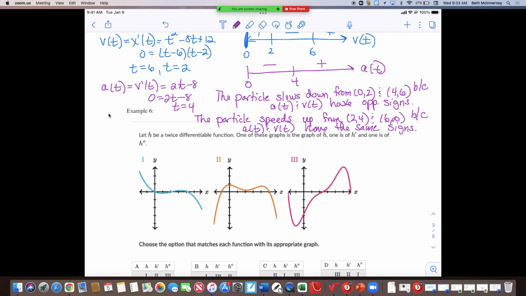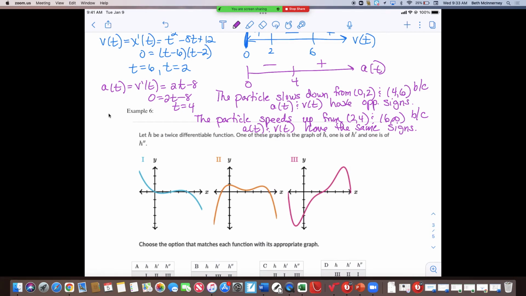All right, here's our last example, and I would put a gigantic star next to this one. This is a very, very common multiple choice style question on the AP exam in May. This is really one of them that you would likely see. It says, let h be a twice differentiable function.